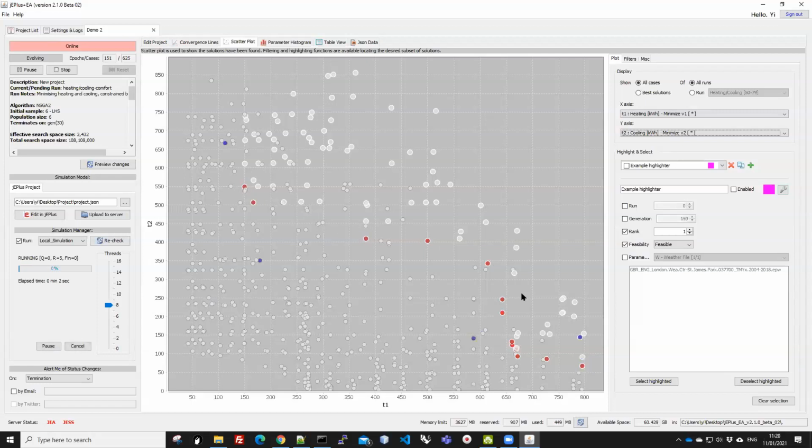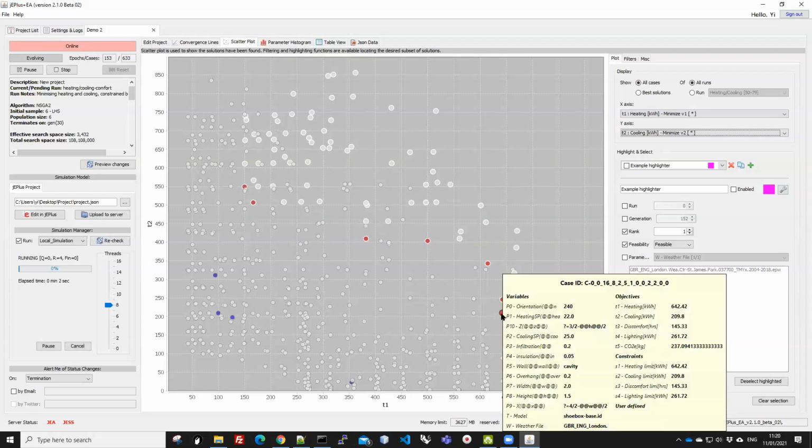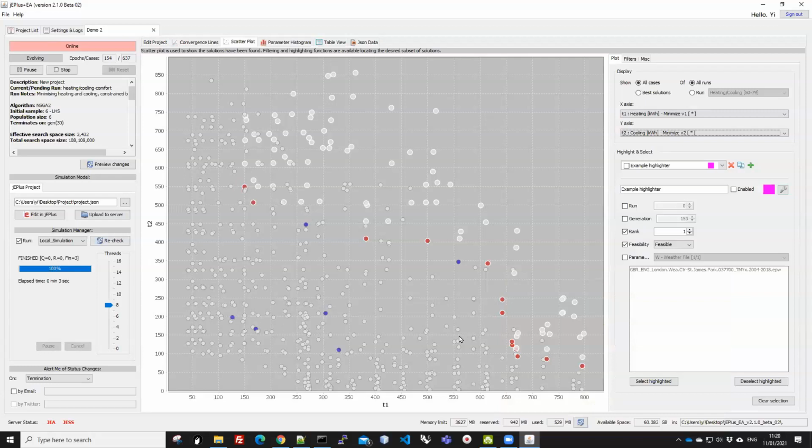And if you leave it run for a little while, that new trade-off line, that new Pareto front, will form, and then you can pick a solution from there and say, okay, I know this is the best solution energy-wise, where we are guaranteed to deliver the comfort level that we need. Okay.